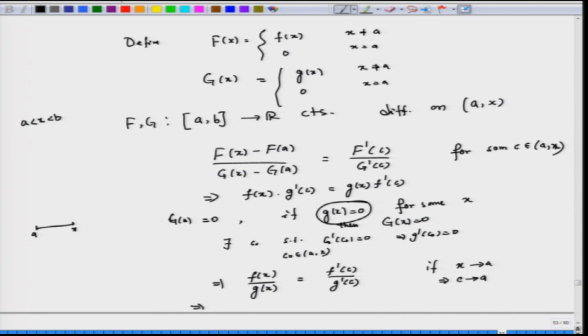So, this implies that the limit as x goes to a of f of x by g of x is equal to the limit as x goes to a of f prime of x by g prime of x. This is the sketch of the proof of the L'Hopital rule.